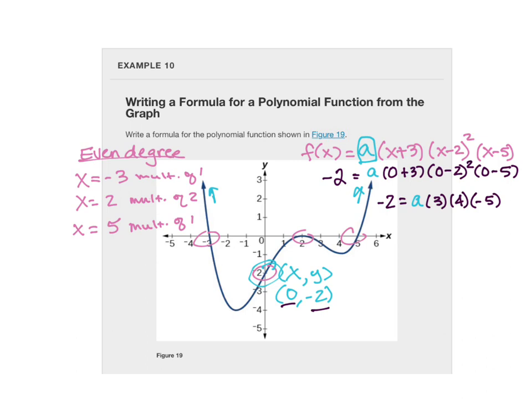It's 12 times -5. -60. So you got -2 equals a times -60. How can we solve for a? Get rid of 60. Get how? You add it. It's negative and we're multiplying. Divide. Divide. Good call.